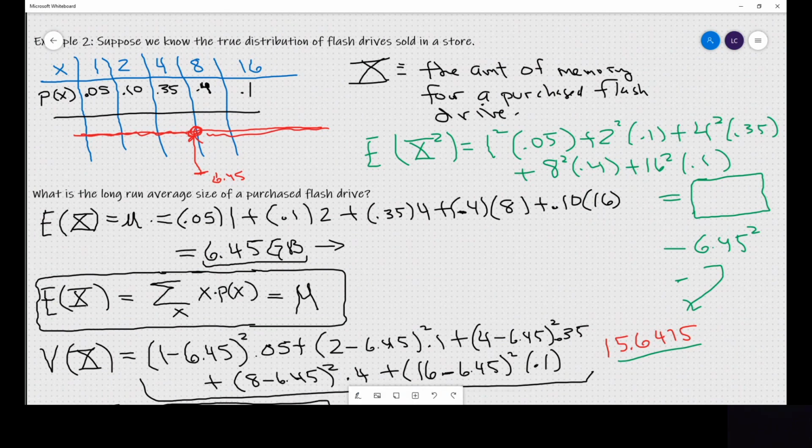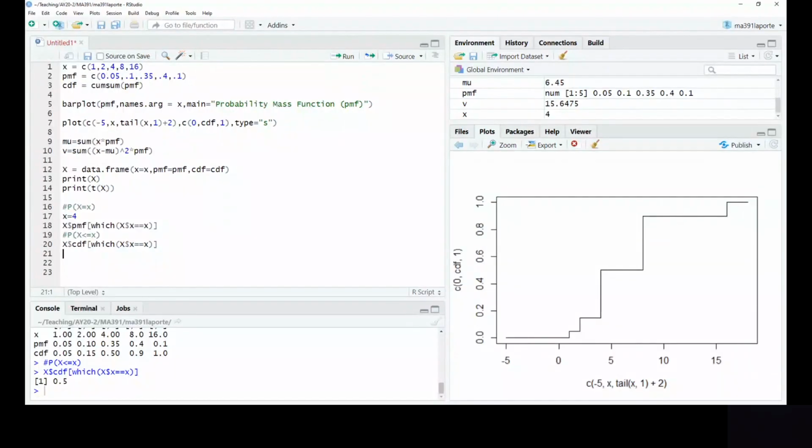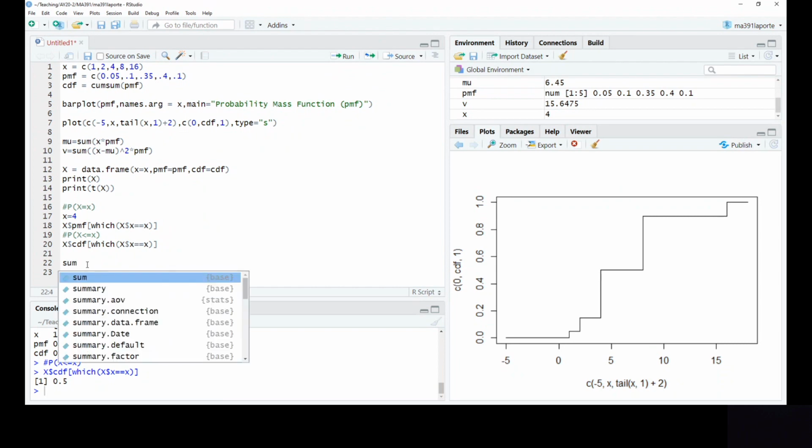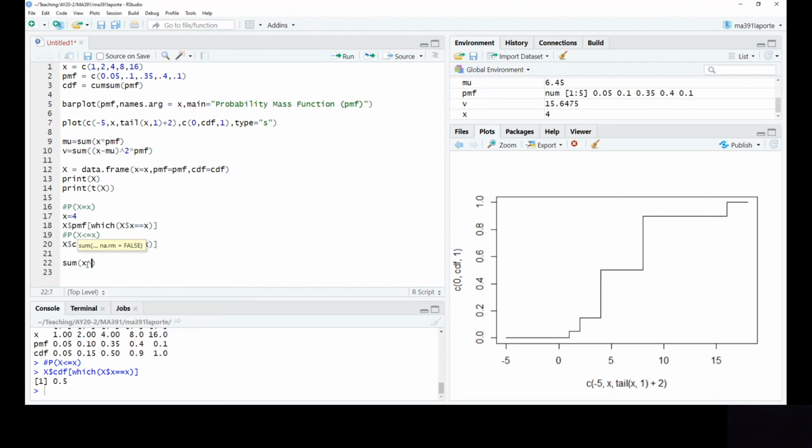So we'll stop sharing this. We can go to R. And in R, we want to sum x squared times the PMF, and then we want to subtract 6.45 squared. Ooh, that's not good.